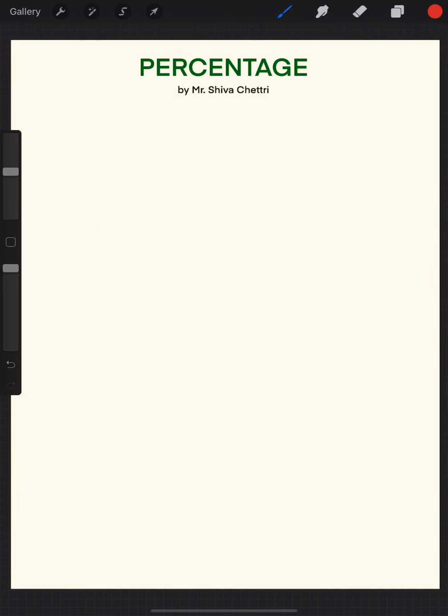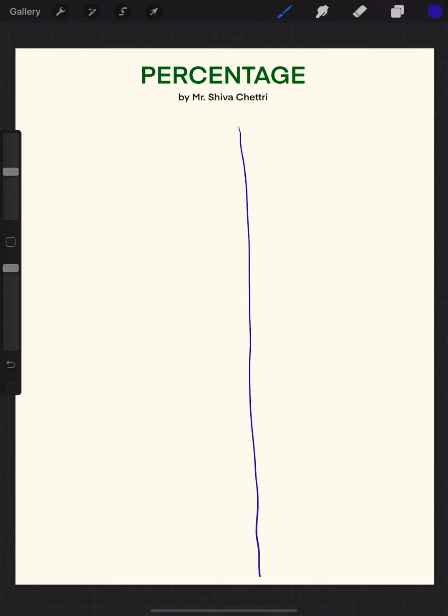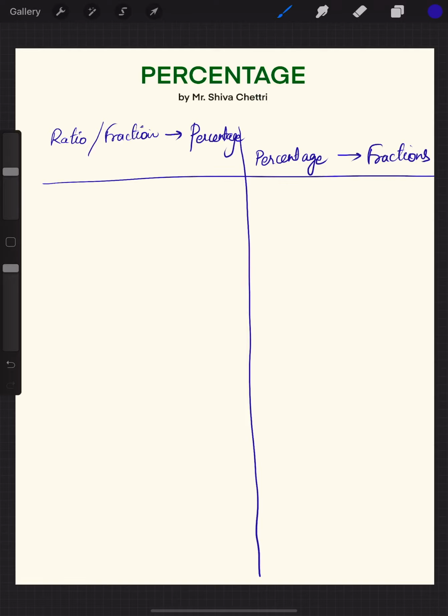We'll divide into two parts. Firstly, we'll be converting a ratio or fraction to percentage, and now from percentage to fractions.